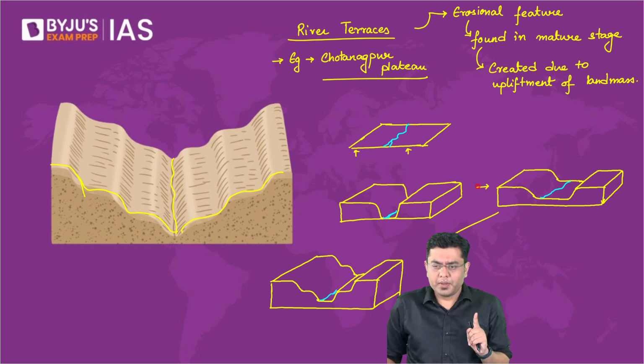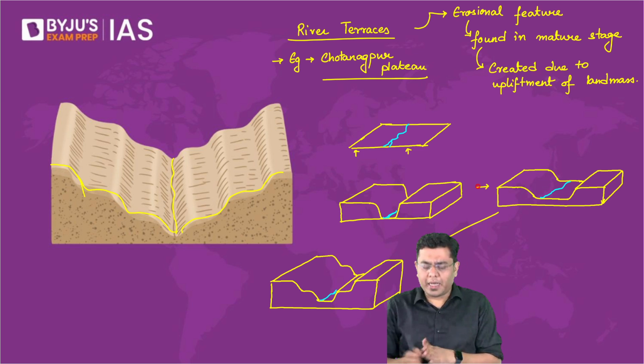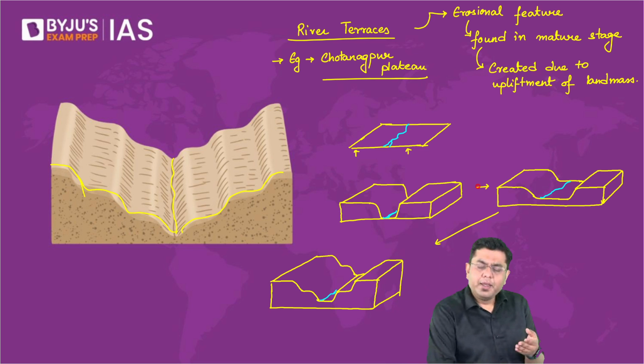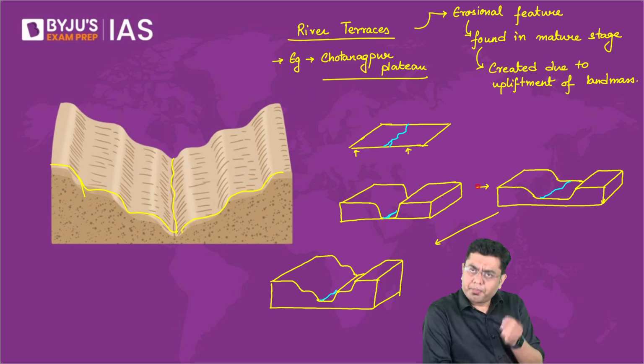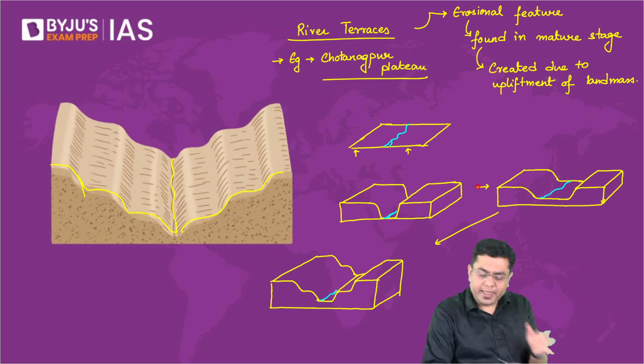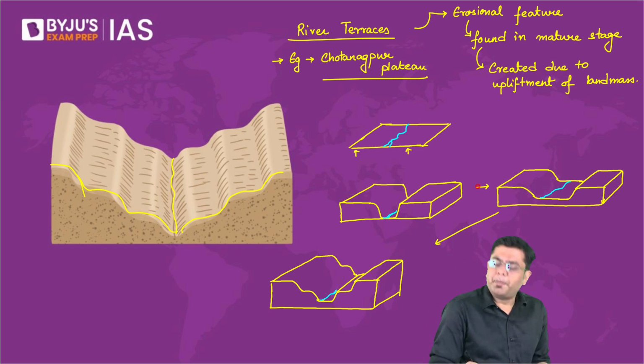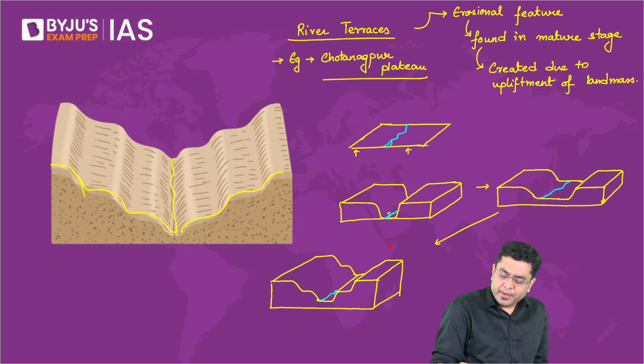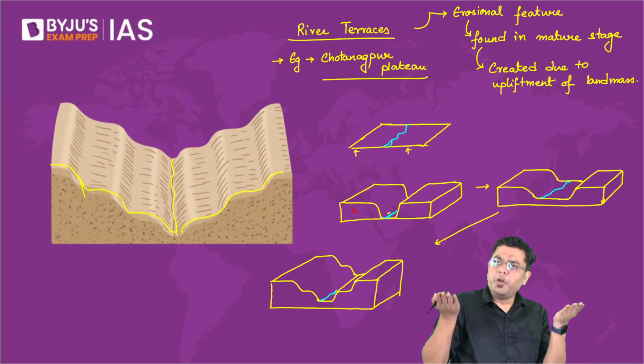Good. How is it that a step is created? A step is created basically when you have the river maintaining its own course by eroding any upliftment happening on the riverbed. On the riverbed also upliftment will be experienced, but the river will erode that, but all around it will basically keep on rising.